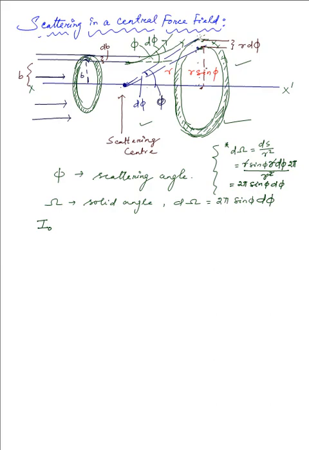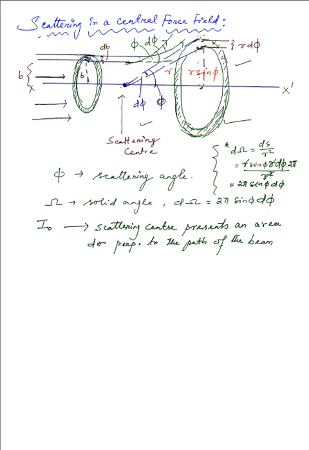Now the scattering center presents an area d sigma, perpendicular to the path of the beam, such that whatever particle hits the d sigma area is scattered into a solid angle d omega.